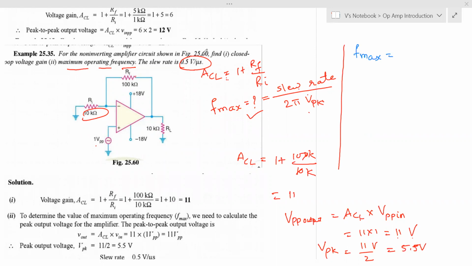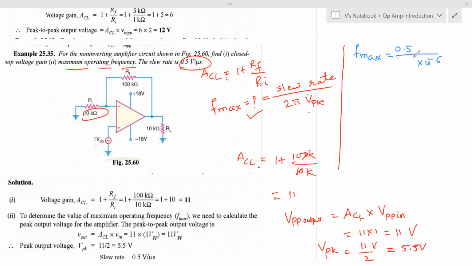It is given 0.5 volt per microsecond. Now here you have to take care because it is in microsecond. So you have to convert it into second, and it is in denominator, right? So we have to take this microsecond below. So this will be micro means 10 raised to minus 6 in denominator, right?